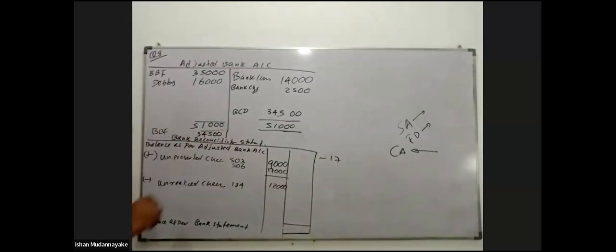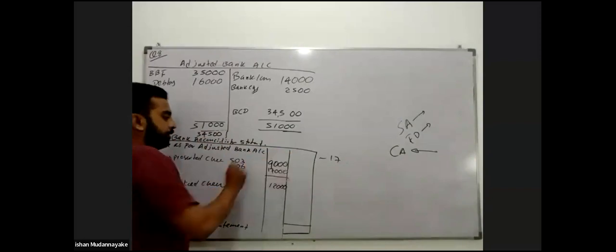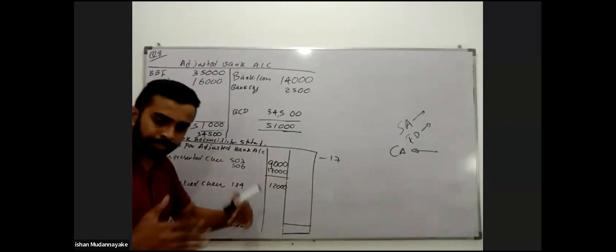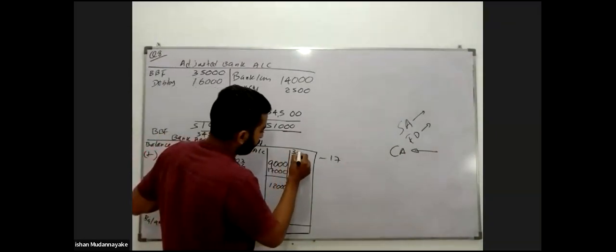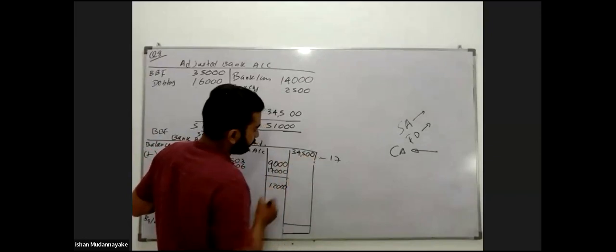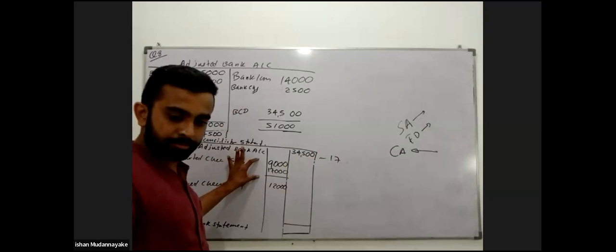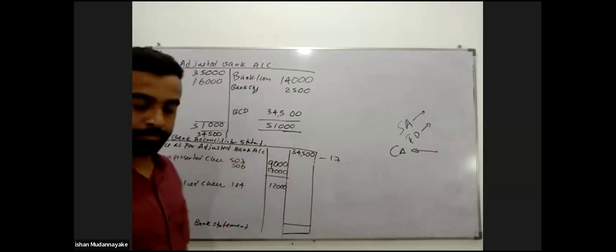Right, now this adjusted bank balance you need to record in the bank reconciliation statement: balance as per adjusted bank account, corrected bank balance 34,500. But because of these reasons, there's a difference between bank account and bank statement.